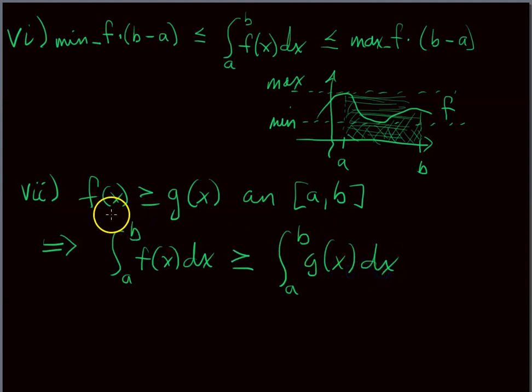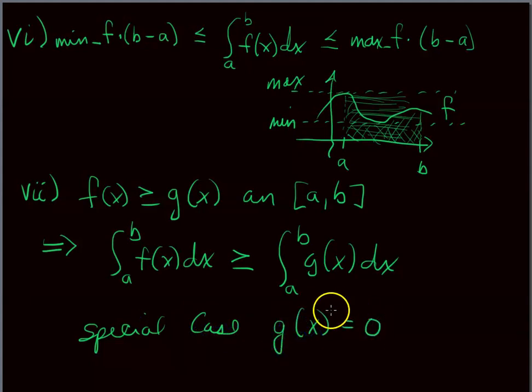Makes sense. If this function f is above the function g, then the area under the curve has got to be greater. A special case that you might talk about here is when g of x is equal to 0. You might use that more often than others, because then you just want to say if the function is greater than 0 on this interval, then its area is greater than 0. Might be useful.